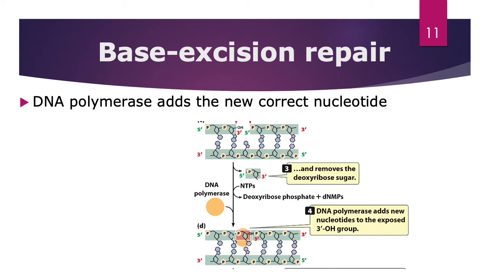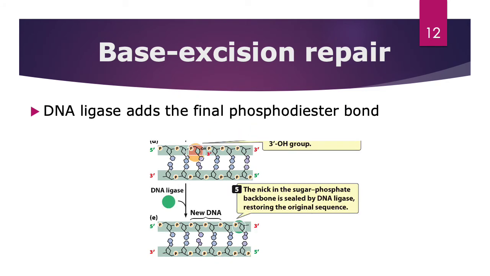This gap can be filled in by DNA polymerase, and a new nucleotide that is complementary to the other strand is added, and thus the base excision repair is done. Finally, DNA ligase will come to form the final bond, and we get new DNA without any mutations.